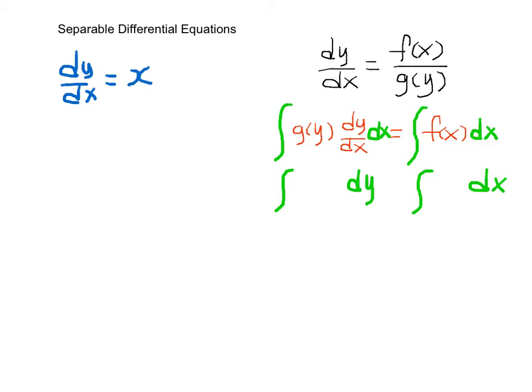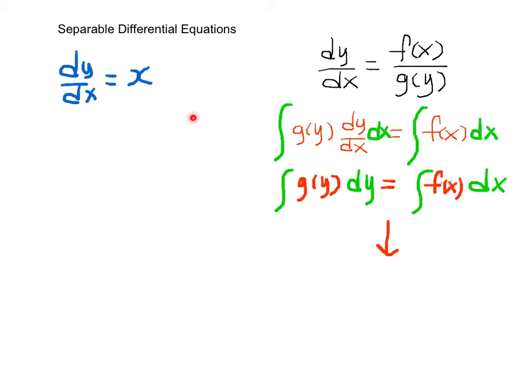The g(y) remains, of course the equal sign remains, and the f(x), and now voila, you have two integrals, and you just separated the differential equation. You will go on from here, resolve both sides, and then you get a solution to the original differential equation.